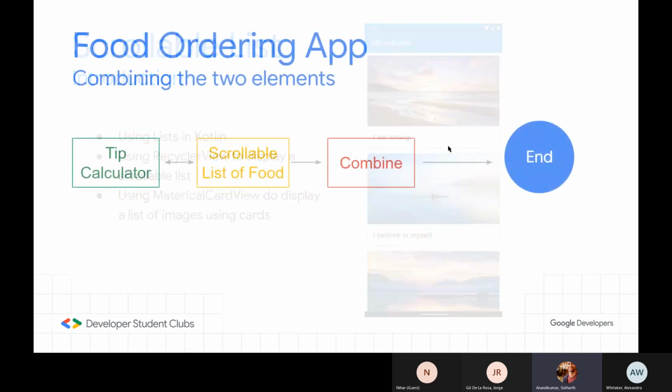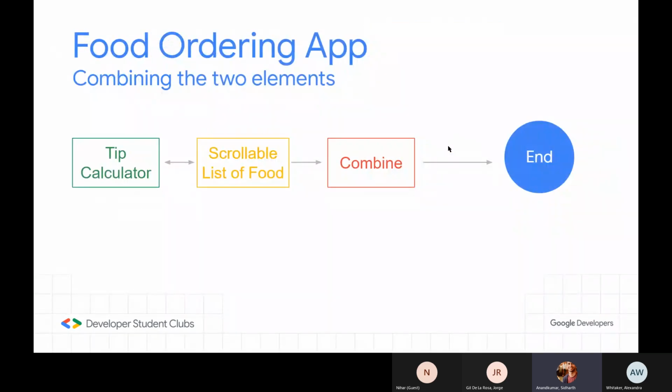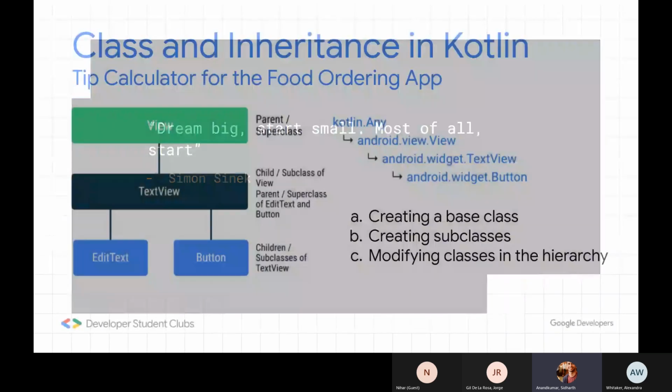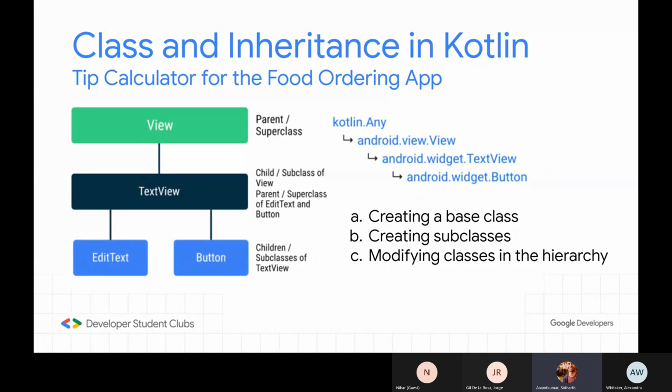Okay, so like we discussed earlier, we're going to be combining those two elements in the end. But I did decide to just cover the scrollable list this time, and see how it goes, because I wanted to keep this brief, and preferably not go over an hour, because last time it went over 2 hours, including questions.